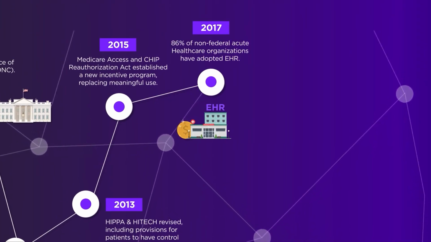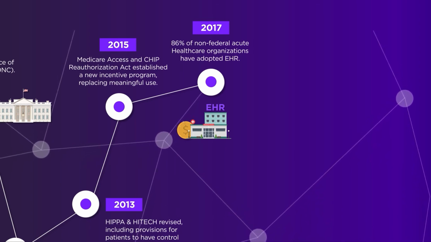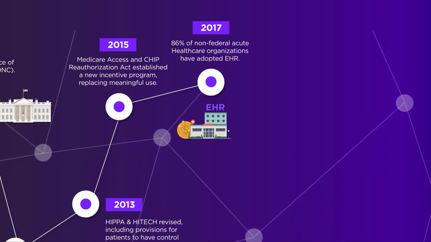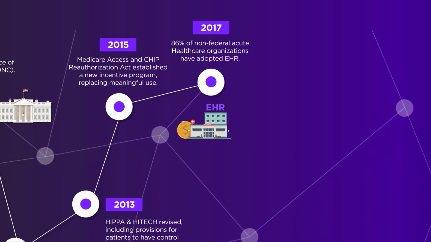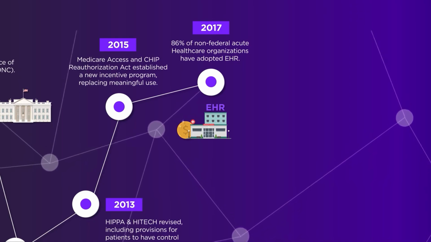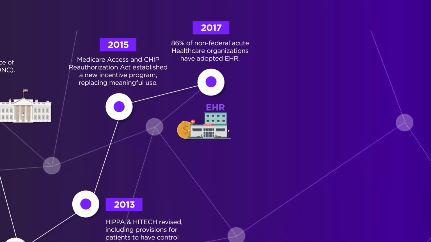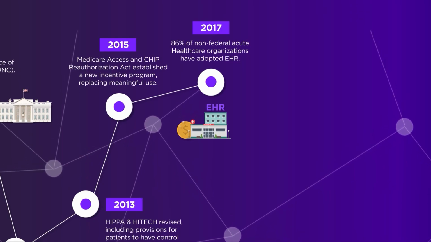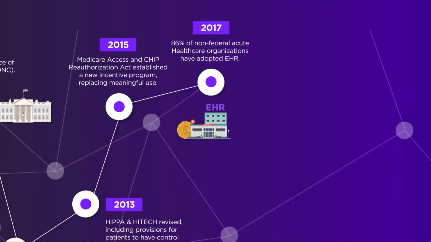Big data and analytics. EHRs now play a central role in aggregating large volumes of patient data. Advanced data analytics tools allow healthcare organizations to identify trends, improve outcomes, and provide evidence-based treatments.